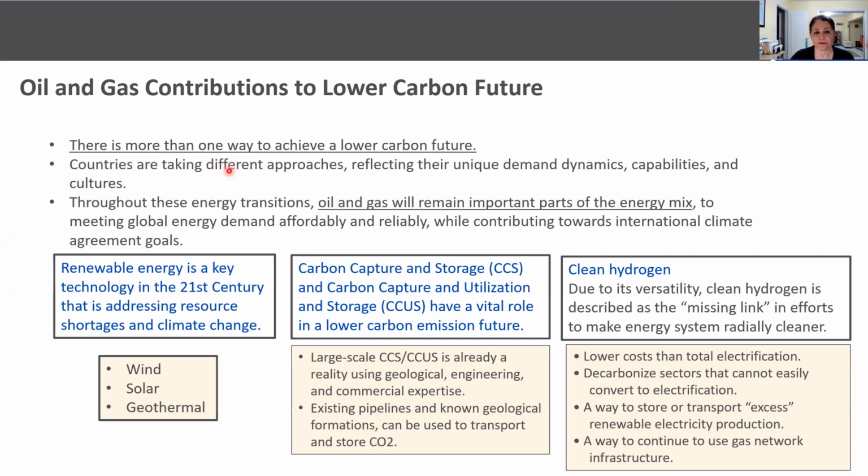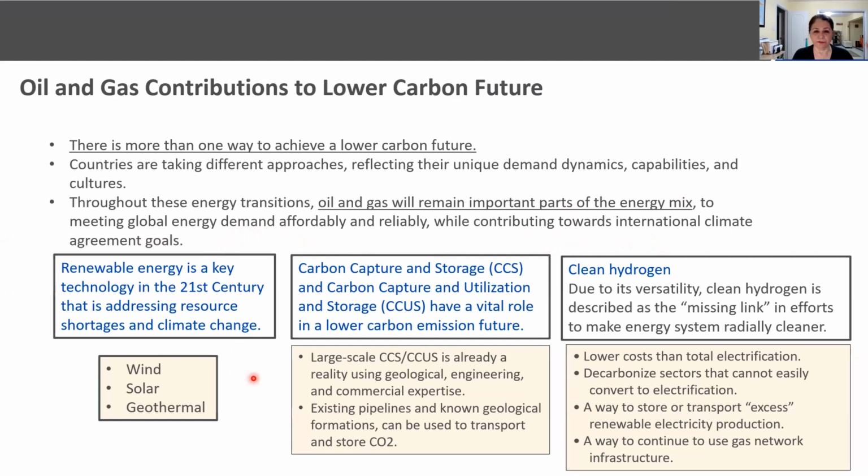There are countries that are taking different approaches, reflecting their unique demand dynamics, capabilities, and cultures. And throughout these energy transitions, oil and gas will remain an important part of the energy mix to meet the global energy demand affordably and reliably, while contributing towards international climate agreement goals.